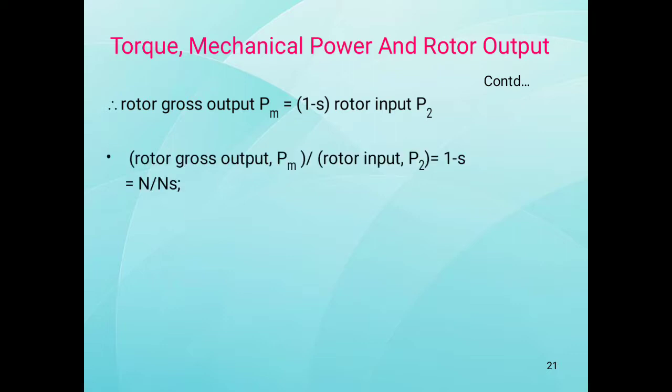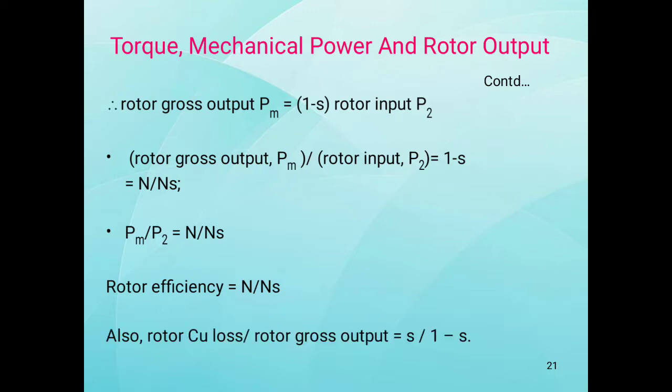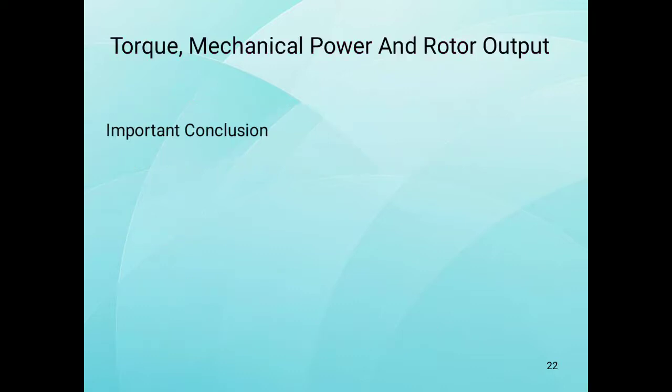Therefore Pm by P2 is 1 minus S, which equals n by ns. Pm by P2 is equal to n by ns, so rotor efficiency is n by ns. Also, rotor copper losses by rotor gross output is S by (1 minus S).